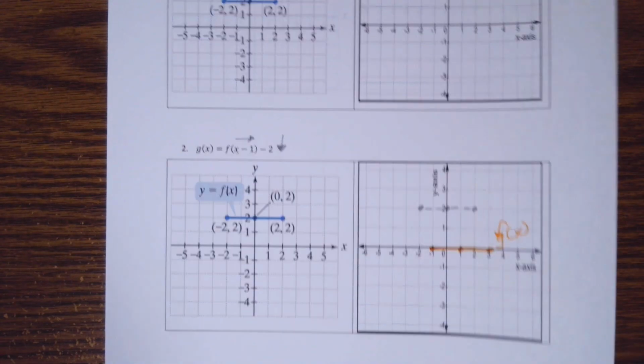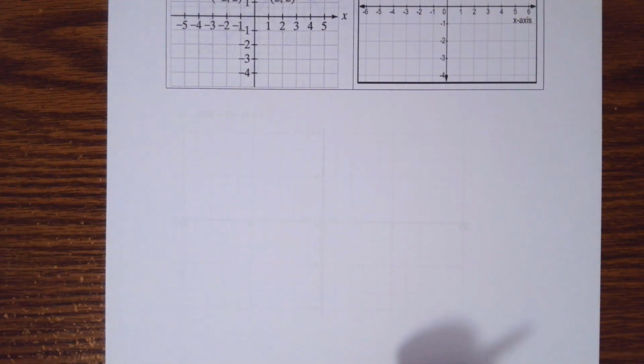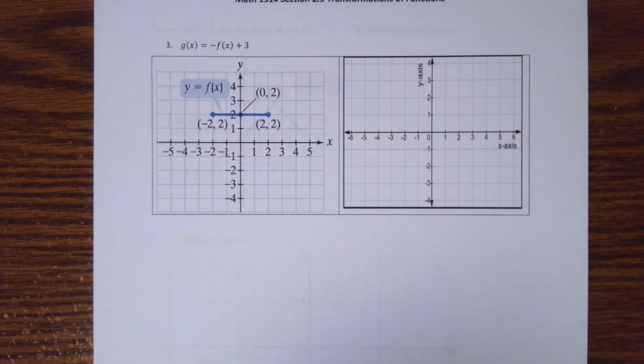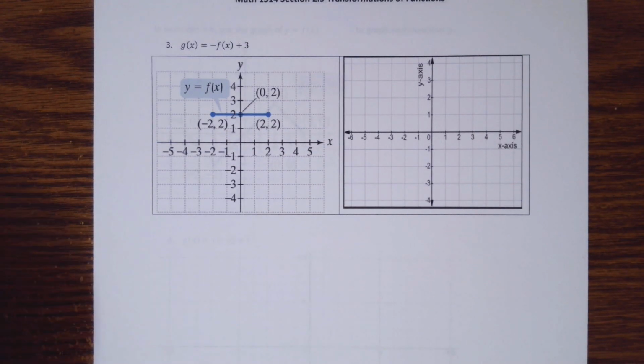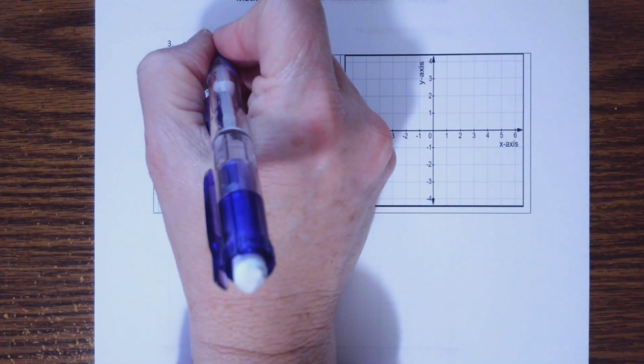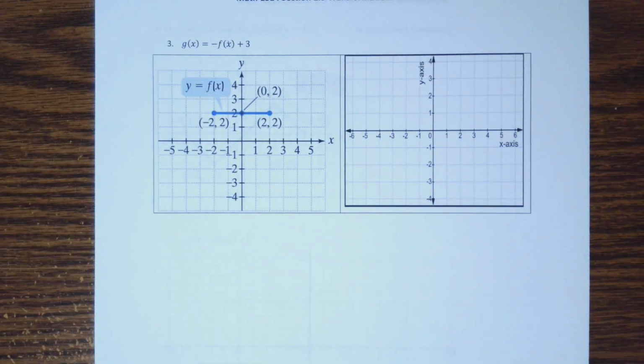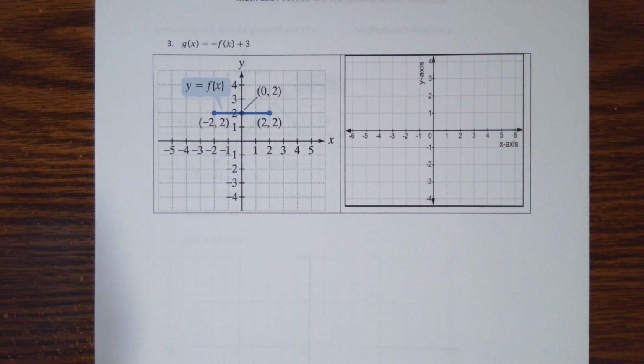All right? Okay, let's move to number 3. So number 3, I'll move this down, says g of x is equal to negative f of x plus 3. Now remember, f of x is y. So what this is telling us is they want you to take the y values and do the opposite. So if you have positive y values, they're now going to become negative. If you had negative y values, they're now going to become positive.